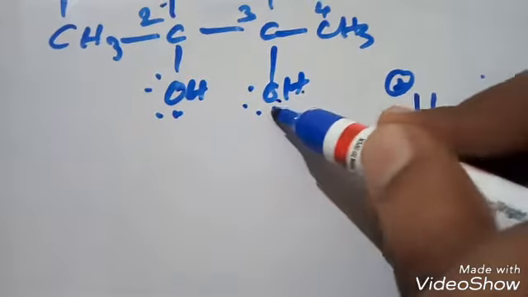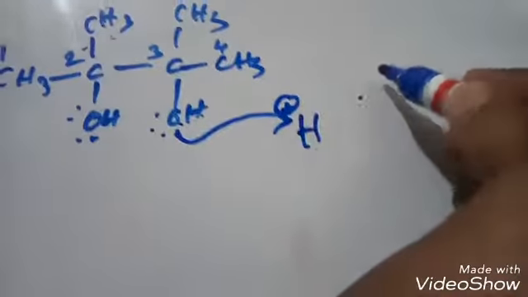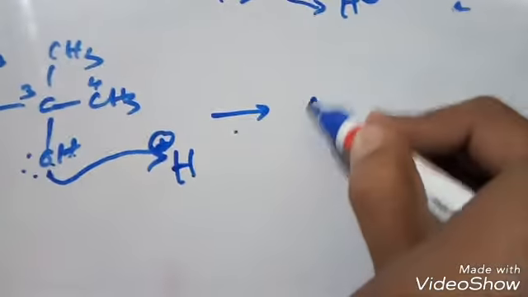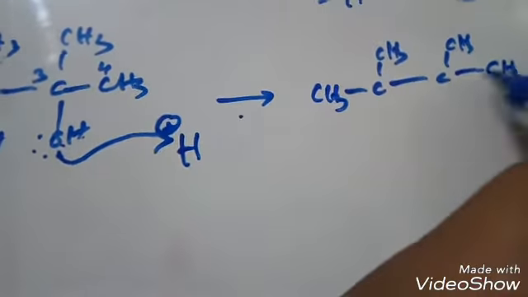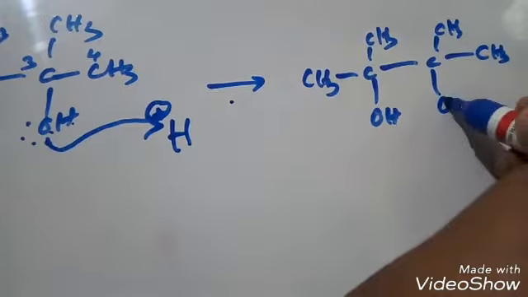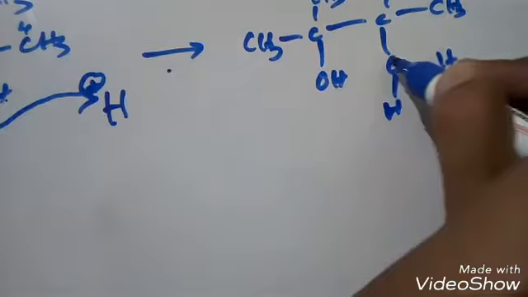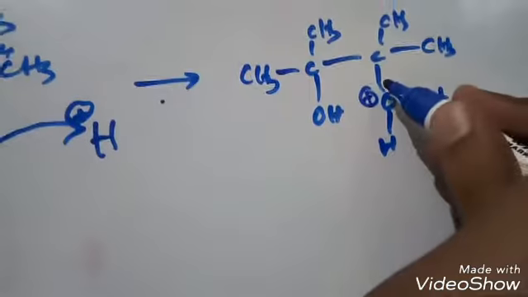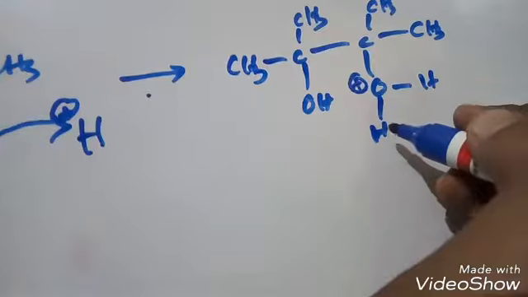We will take this oxygen, this will attack this H plus, and next step is CH3, C, CH3, OH, here OH, and this hydrogen attached, so this H. Now in this molecule, here hydrogen is attached, so this oxygen will have a plus charge, because if you see the valency of oxygen here, it is 3, so a plus charge, it has given its lone pair of electron to this bonding.